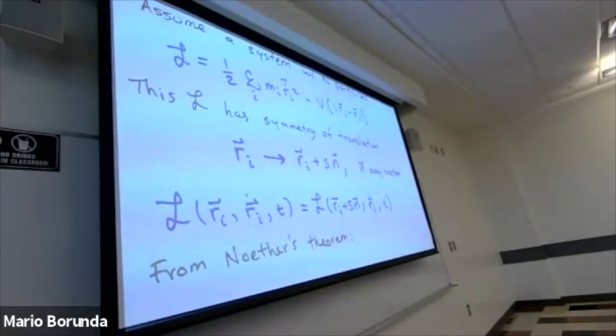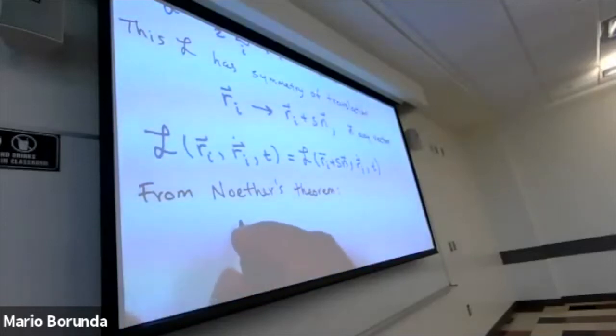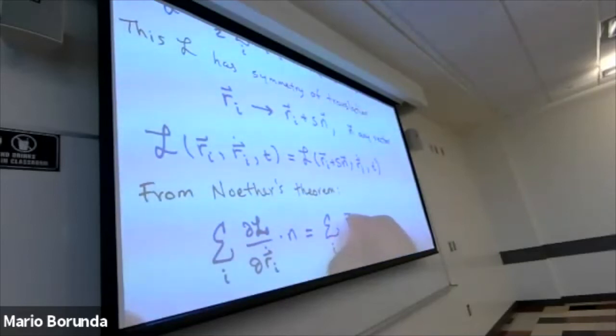All right, so we use Noether's theorem. We can figure out what the conserved quantity is here. What we need to do is the following. We have that the sum of this derivative is actually the momentum.